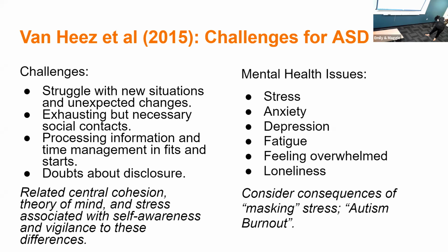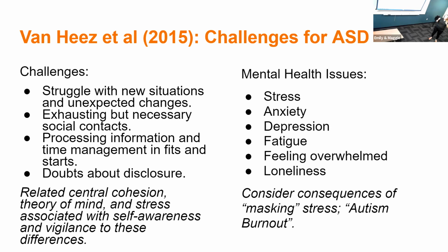So through these interviews, some challenges that the students themselves identified are struggling with new situations and unexpected changes, and exhausting but necessary social contexts. So these social interactions for students, and this is a term that folks might not be familiar with, the idea of masking, right, can really lead to physical and mental exhaustion.